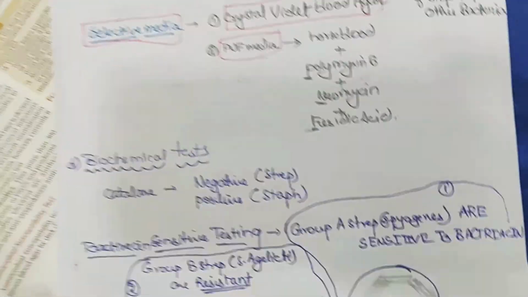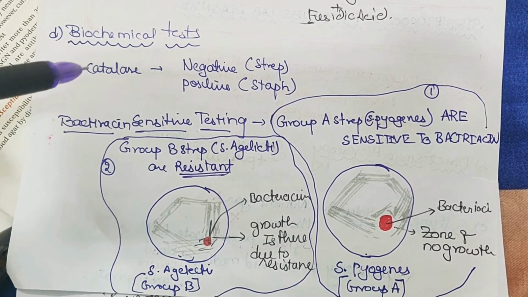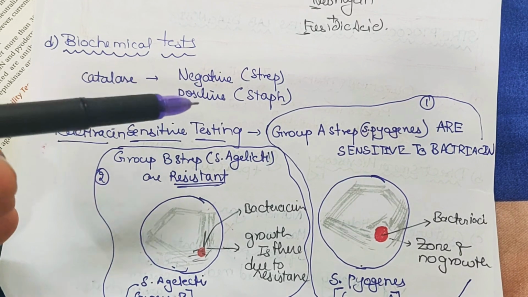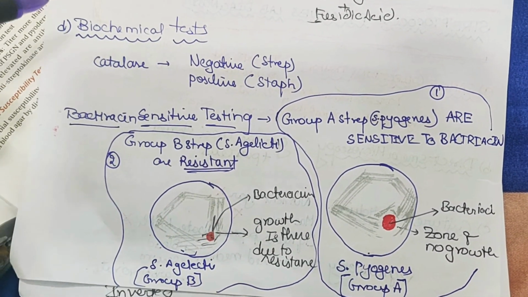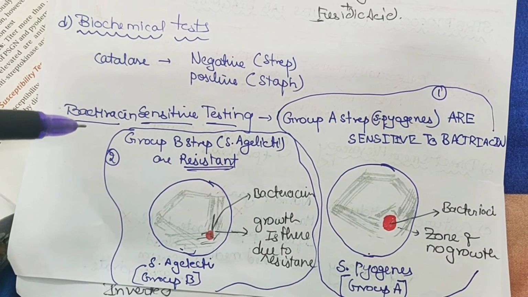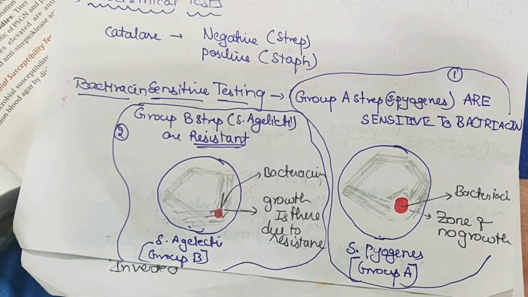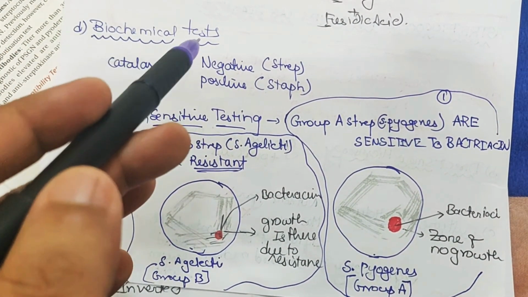Next we come to the biochemical tests. In biochemical tests, we know Streptococci is catalase negative and staph is catalase positive. Next, we have bacitracin sensitivity testing, which means, see, we have group A, group B Streptococci.